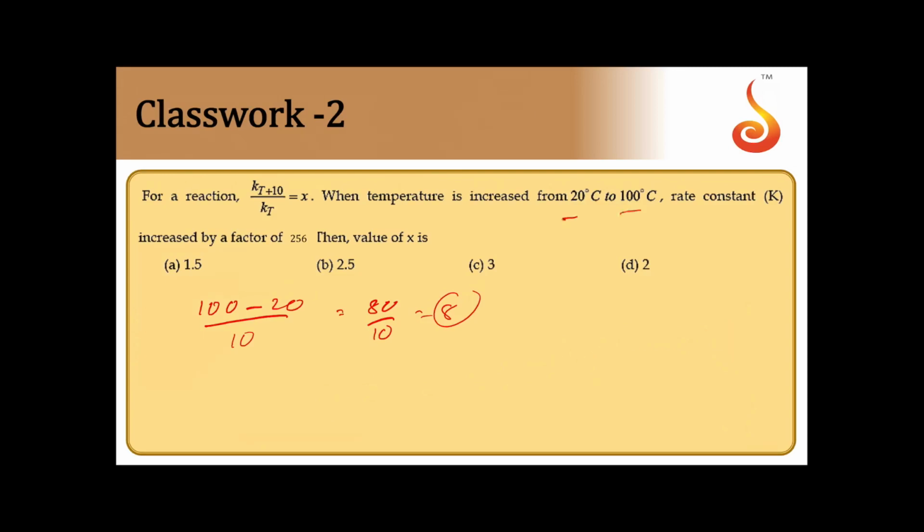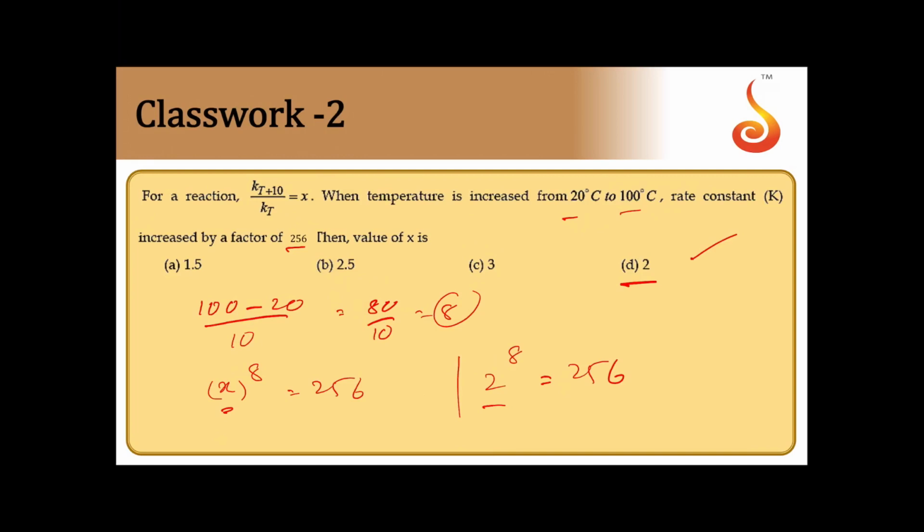Therefore, the rate should increase by x to the power of 8 times, and this value is given as 256. Then x to the power of 8 equals 256, and this is nothing but 2 to the power of 8, whose value is 256. Therefore, x must be equal to 2. So the answer is option D.